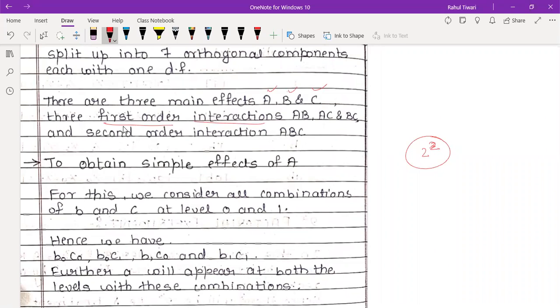Try to understand, these are terms which are very important. Sometime in your theory exam, I don't know whether it is going to be online or offline, but it may be one type of problem. For example, in your exam it is often asked only about first order interaction. So you should know these are AB, AC, BC. These are your first order interactions.